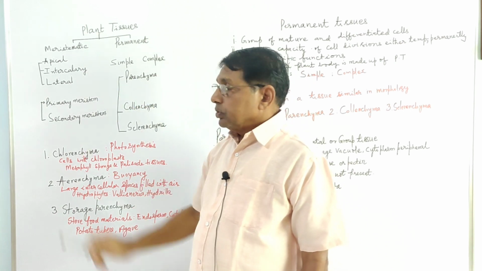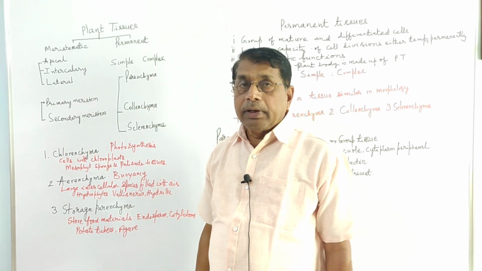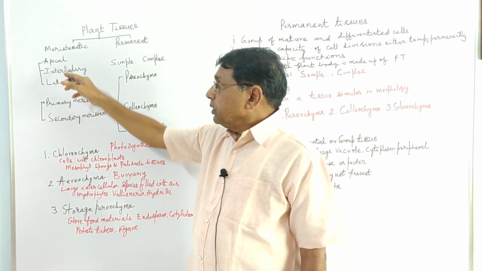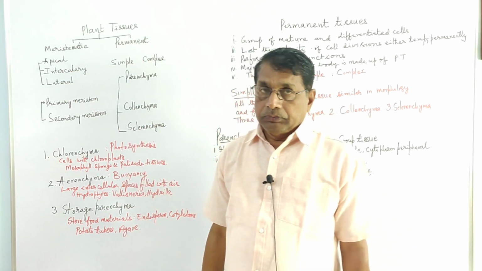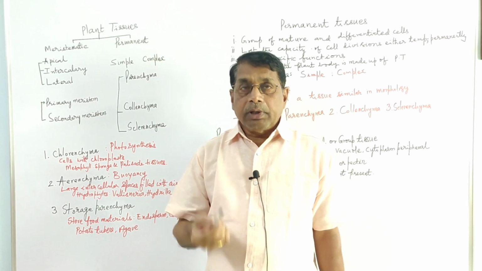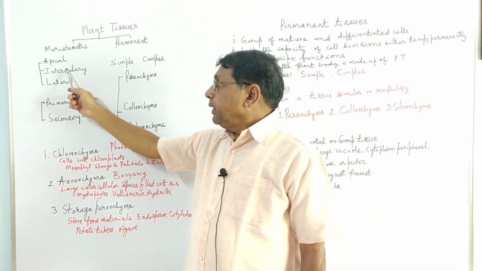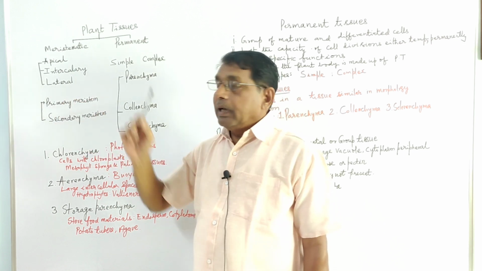Meristematic tissues are further differentiated according to the position in the plant where the meristematic tissue is present: apical meristem, intercalary meristem, lateral meristem.